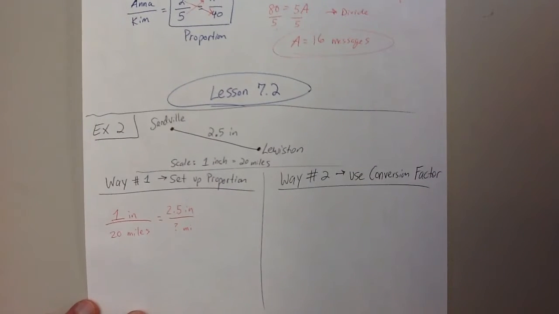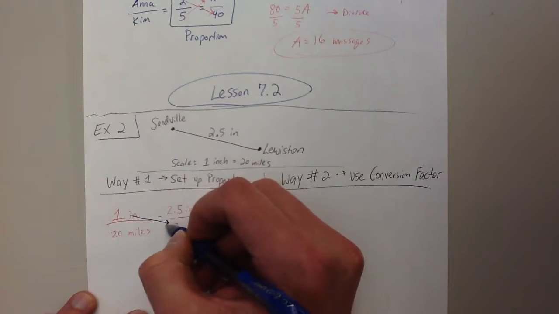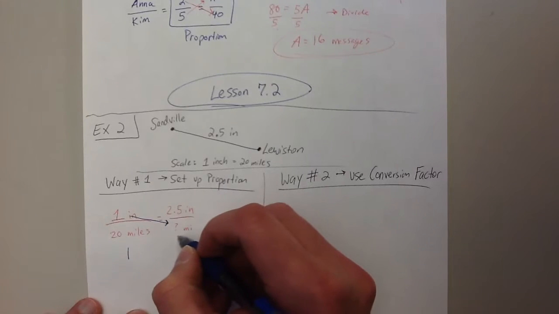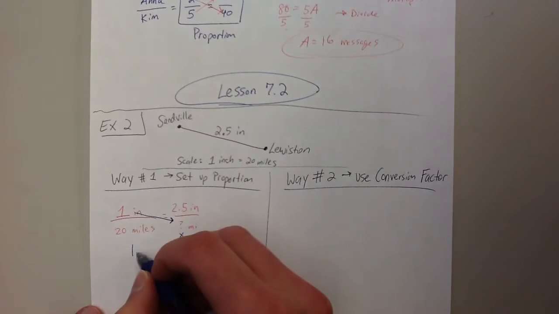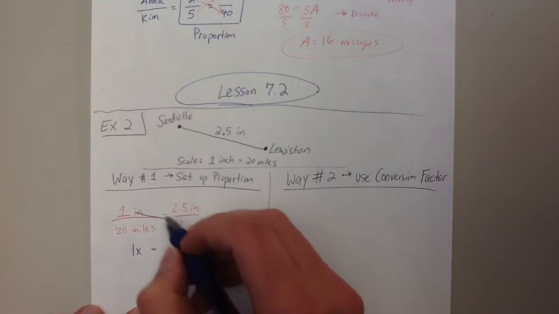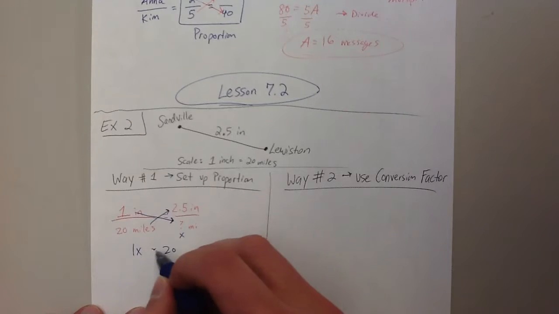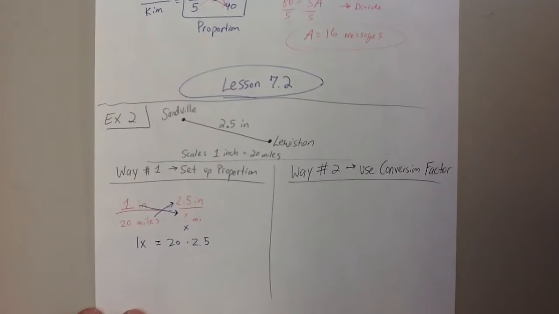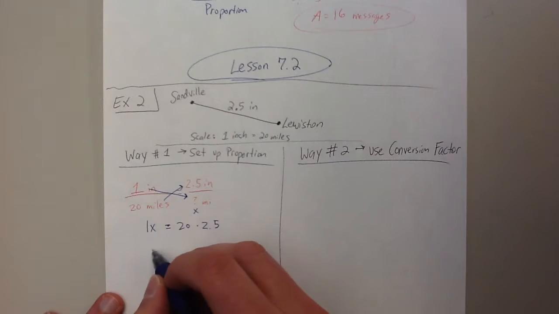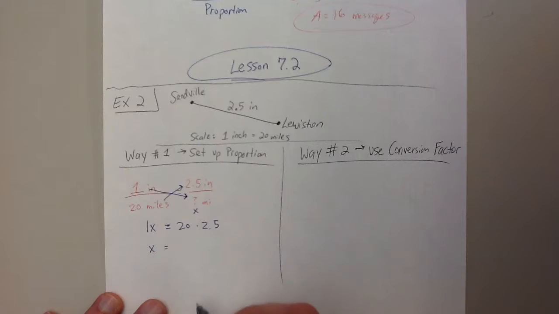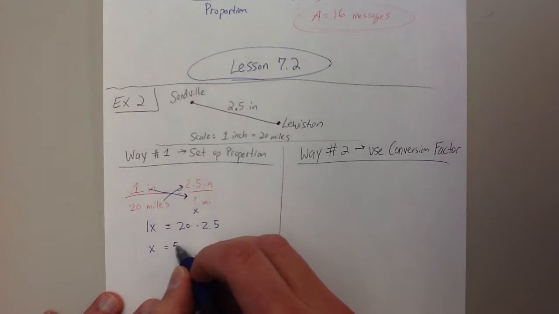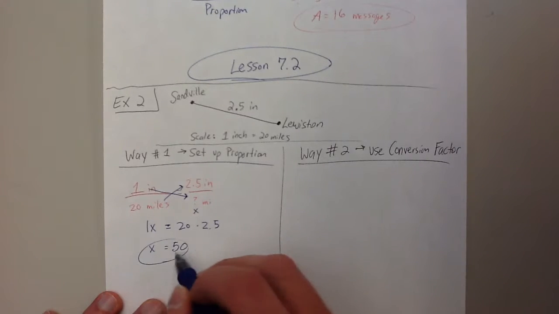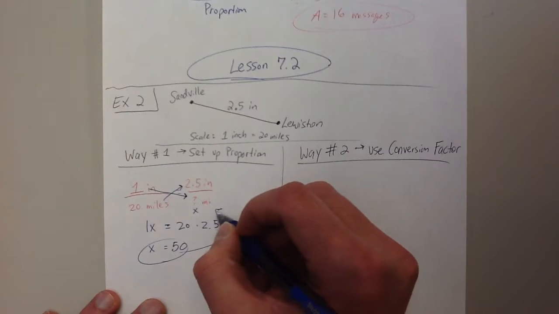Now I cross multiply. So 1 times x, let's call this x, the unknown amount, equals 20 times 2.5 on the right side. So 1x is the same as x. 20 times 2.5 is equal to 50. So the unknown amount was 50.